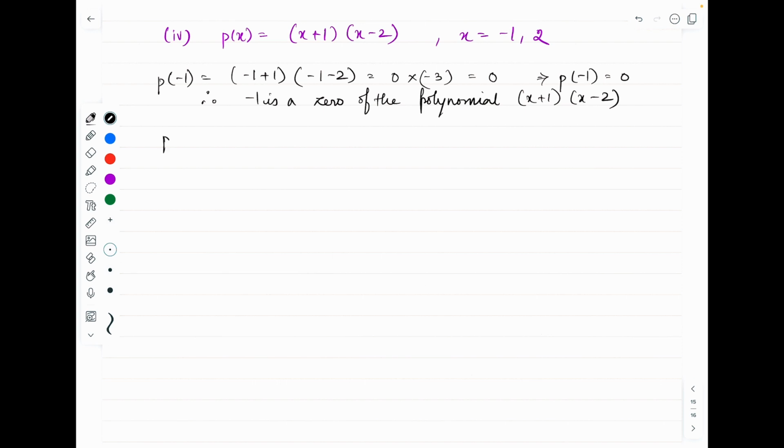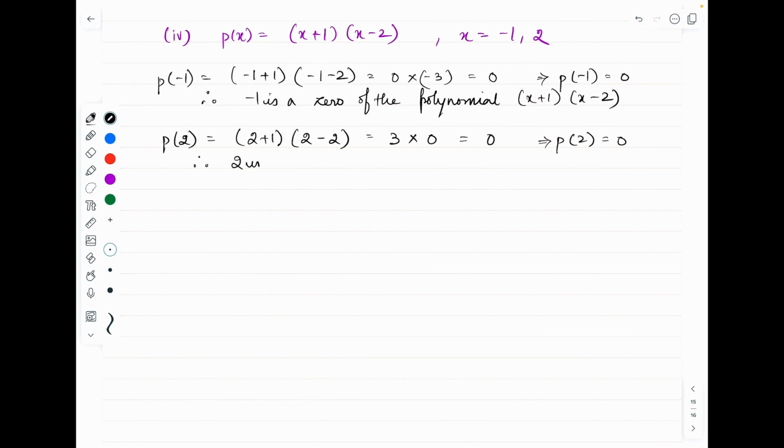Now, second, we will check for 2. p of 2 means x plus 1 is 2 plus 1, and x minus 2 is 2 minus 2. 2 plus 1 is 3, 2 minus 2 is 0, and 3 into 0 is 0. Therefore, p of 2 is also coming as 0.